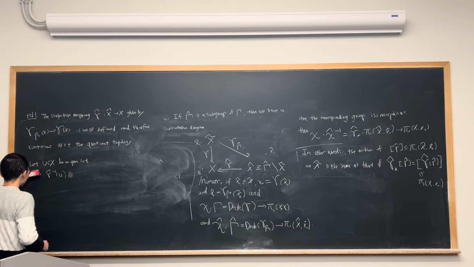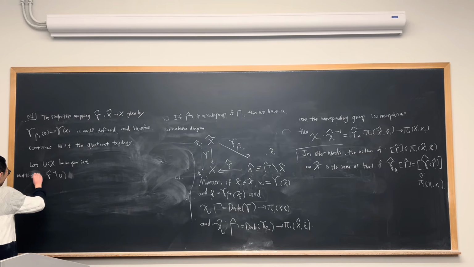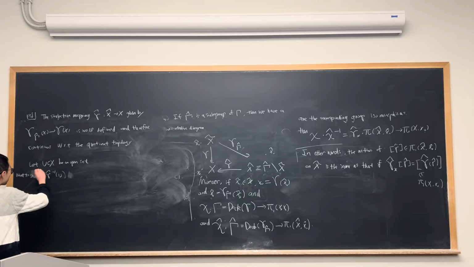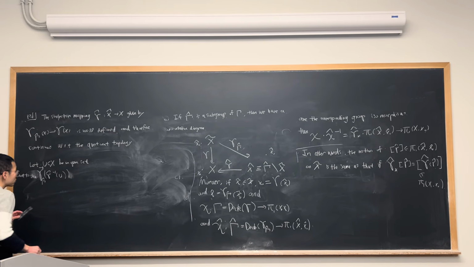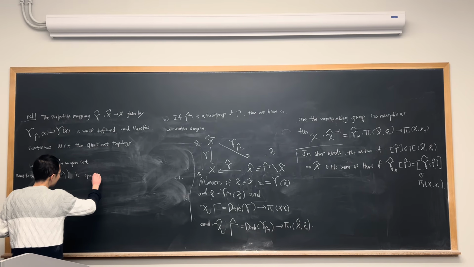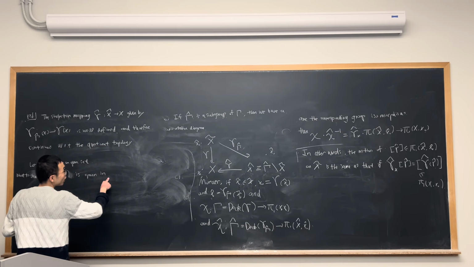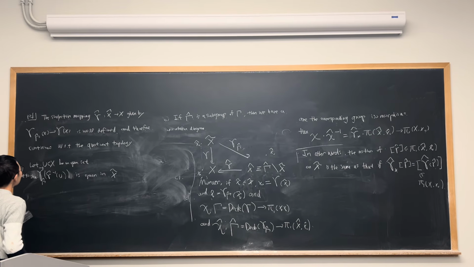So I want to show that the inverse of this map is open in this X tilde.